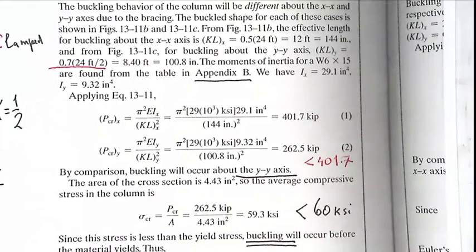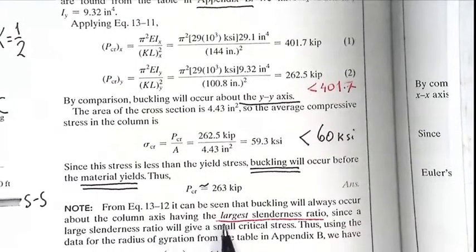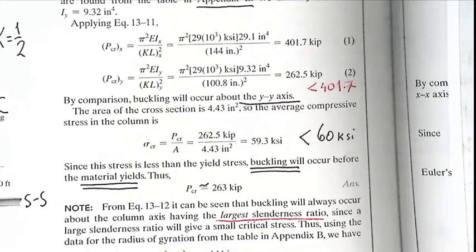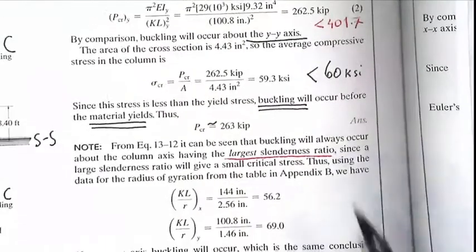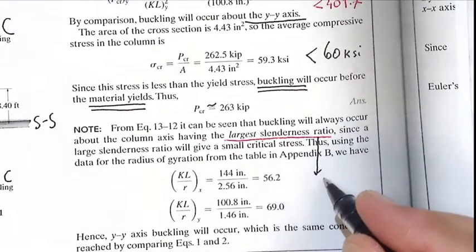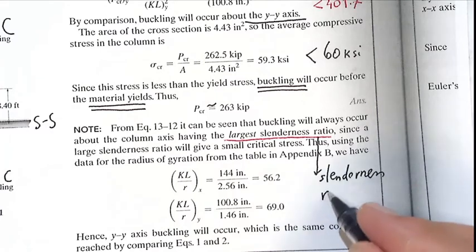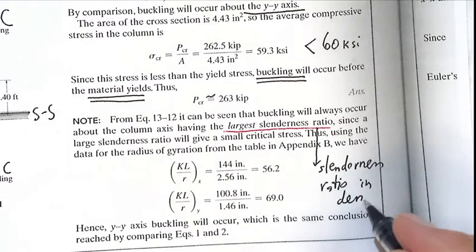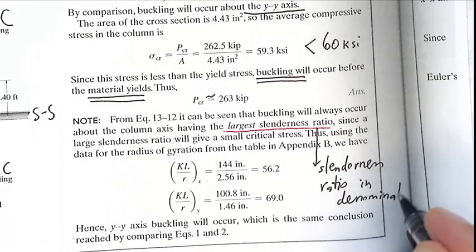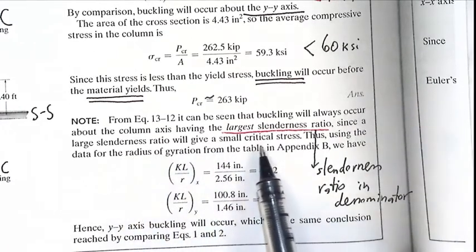From equation 13.12, it can be seen that buckling will always occur about the column axis having the largest slenderness ratio, since slenderness ratio is in the denominator and a large slenderness ratio will give a small critical stress.